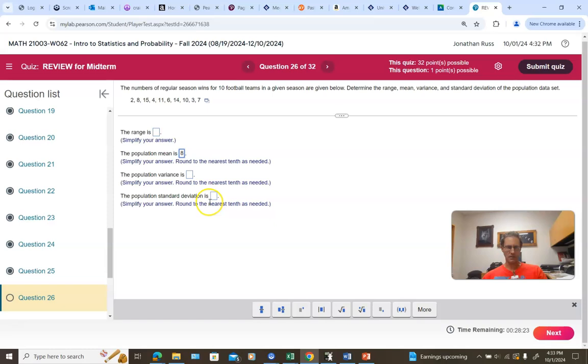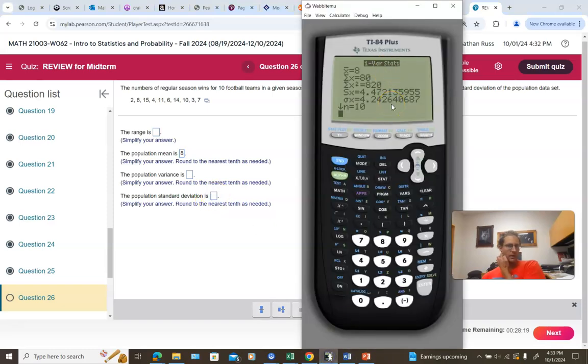And then let's see, standard deviation. This is one reason I wanted to show you on the calculator. We have two things here. We have Sx and sigma x. S refers to the sample standard deviation. Sigma refers to the population standard deviation.